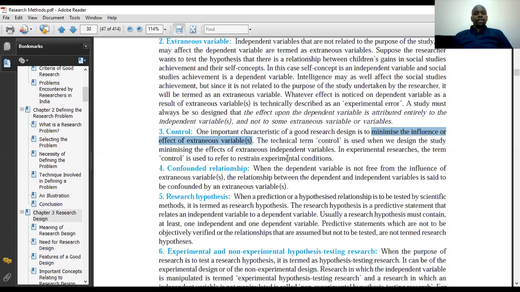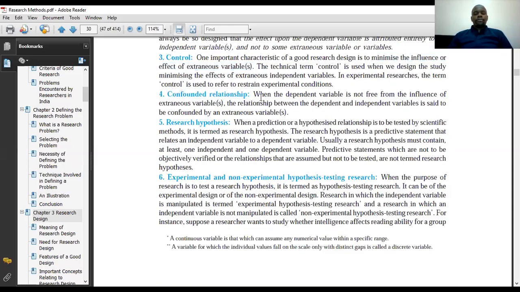We are going to have, you know, where you burn things, a particular area which is airtight, and you actually burn things in the lab. It's called a burning cage or something. That burning cage is a control measure put in place so that whatever you're measuring in there may not be affected by other factors like wind, like temperature outside. So a control is a measure you put in place to minimize the influence of an extraneous variable.